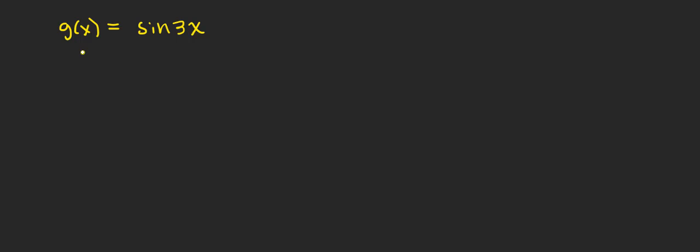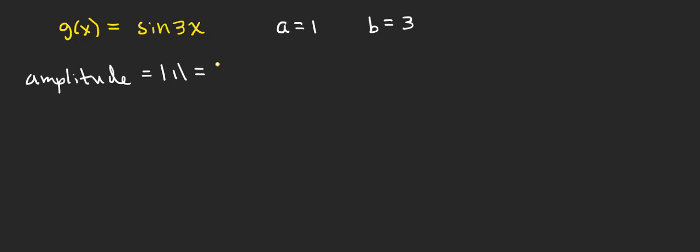Now let's try to graph g of x equals sine of 3x and compare this with sine of x. So what is a here? A is 1 and b is 3. So the amplitude is the absolute value of 1, which is 1.